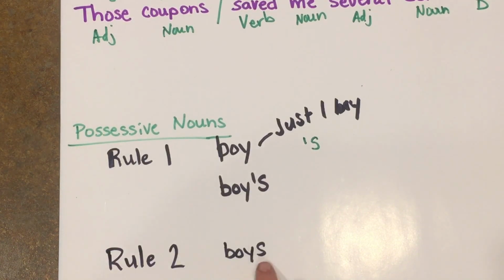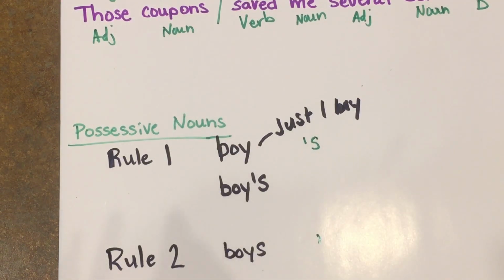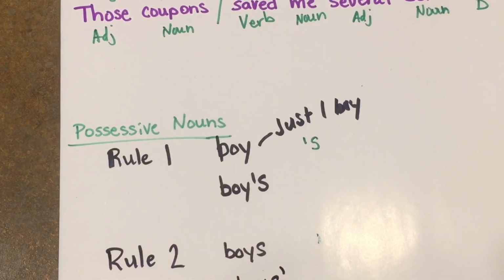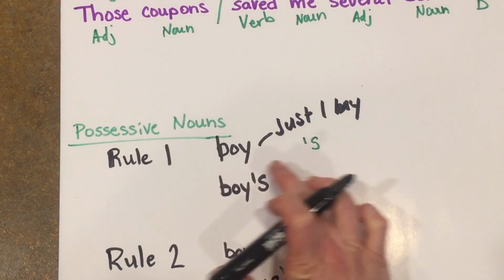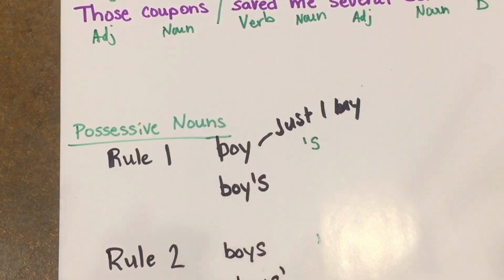If it already has an S on the end, we're just going to put an apostrophe. So this becomes boys, and then put the apostrophe after. Okay? Already has an S, just add an apostrophe. If it is singular, one boy, put apostrophe S.